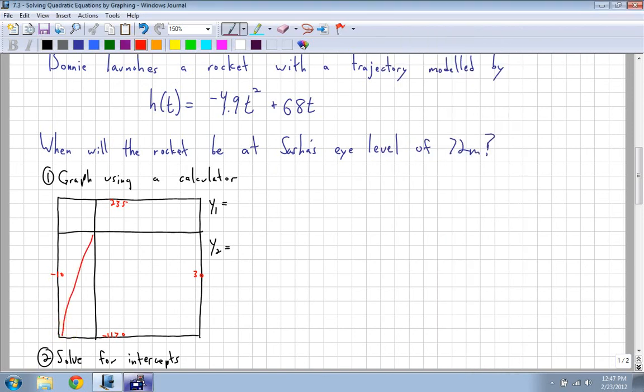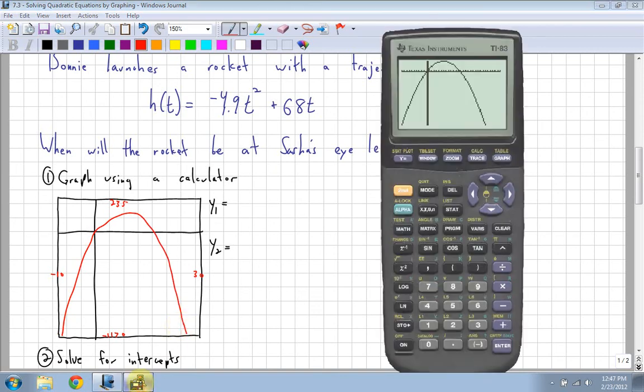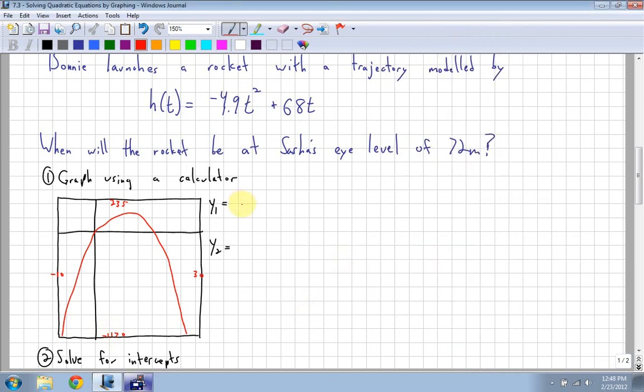So it's going to go up and then come back down. So you got a picture of your graph. I got my window settings above, 235, -10 to 30, and it goes down to -170. My y equals is exactly what I have there, so it's my -4.9 x squared plus 68x.